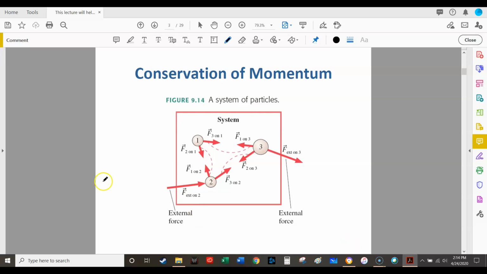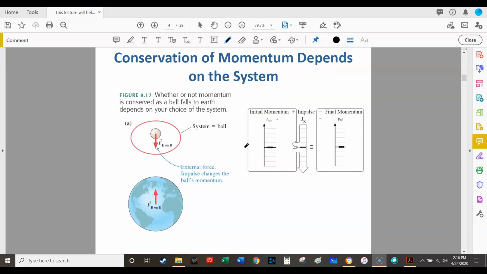Unless an external force acts on that system, or some of that system has a force that will leave that system. So I'm talking about a system a lot, and just like the last activity, 4.0, you have to establish a system when you're talking about momentum.